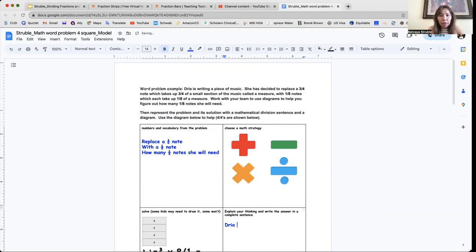So Drea will need 6 pieces of 1/8 notes. So I'm writing using a complete sentence.